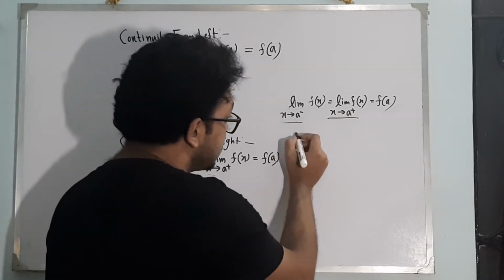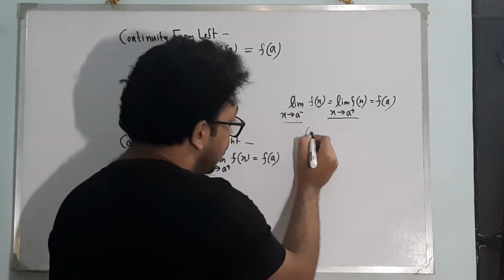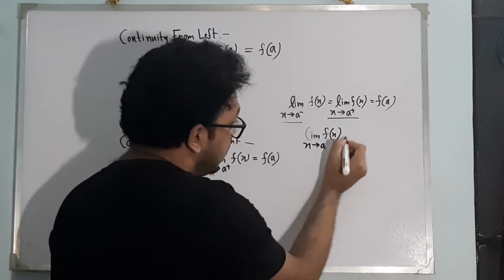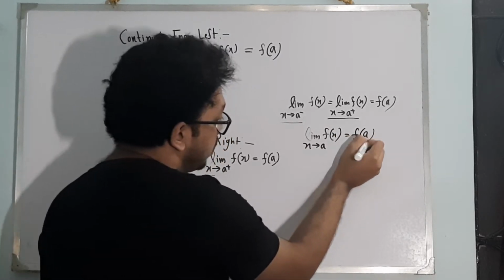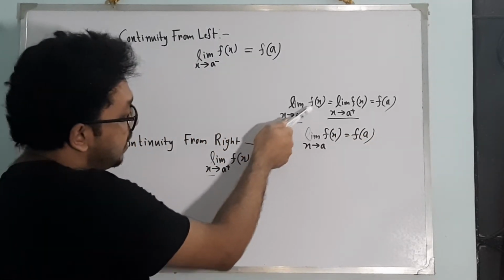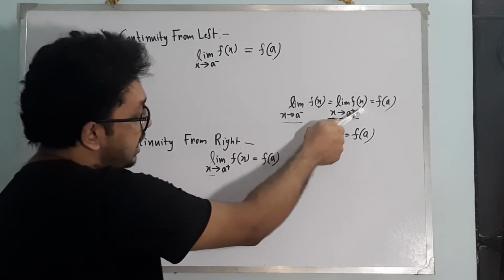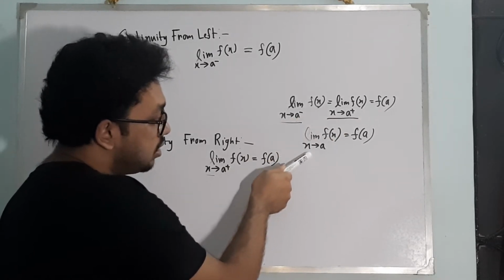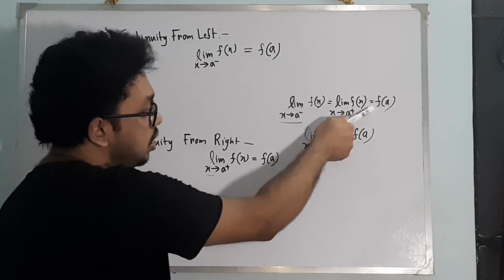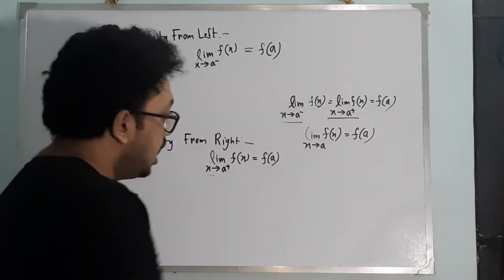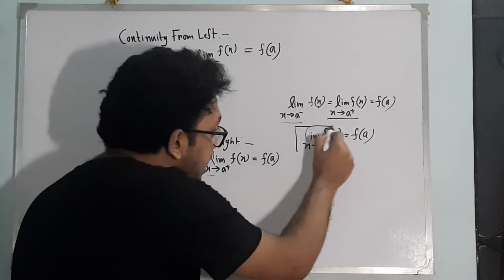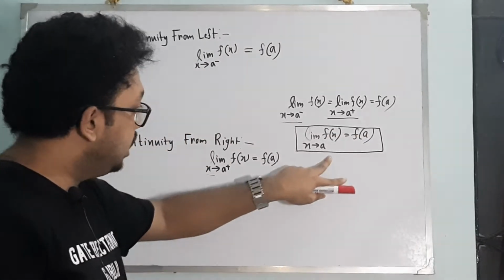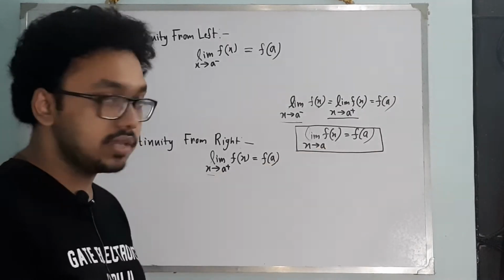So I can write that limit of f(x) at x equal to a is the same as f of a. If the left hand limit is the same as the right hand limit, that means the limit of f(x) at x equal to a exists, and that is nothing but equal to f of a. And this is the criterion for a function f(x) to be continuous at x equal to a: limit of f(x) at x equal to a is the same as f of a.